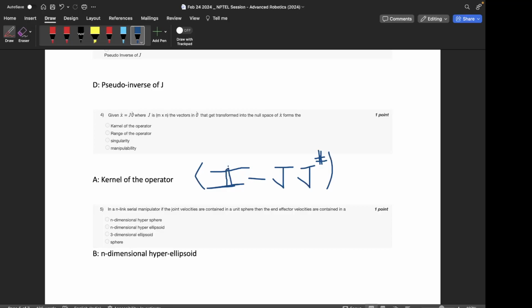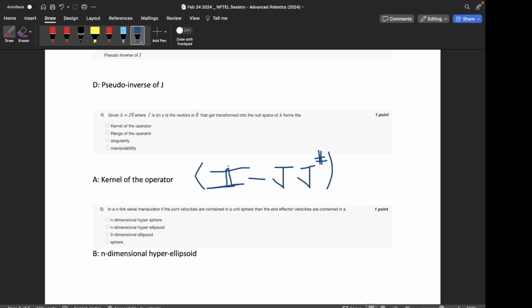The null space of a matrix is the set of vectors which, when multiplied by the matrix, give a zero vector, right? So the null space of a matrix A is the solution of AX equal to zero. These are fundamental concepts of linear algebra.